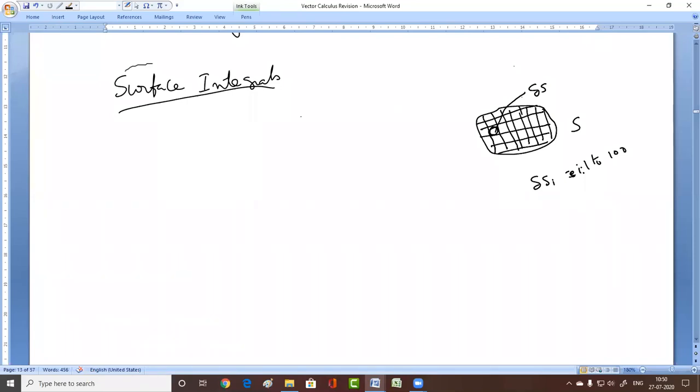Now what about the vector point function? What is meant by vector point function? F1 of xyz i plus F2 of xyz j plus F3 of xyz k.